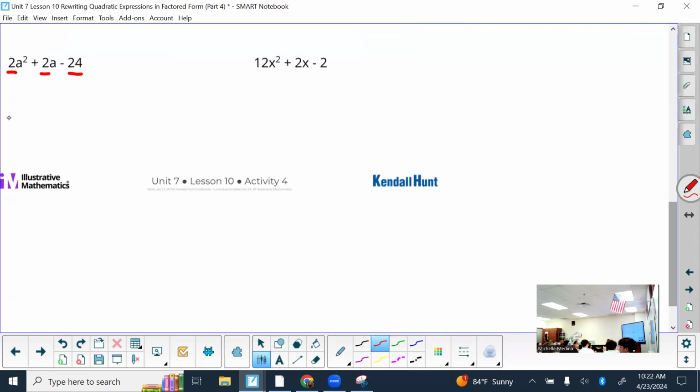2 is my GCF. Your GCF, you always write outside of parentheses. Inside is what you get from dividing each term by the GCF. So then I have a squared plus a minus 12. So all I did was divide by the GCF and put it outside the parentheses.